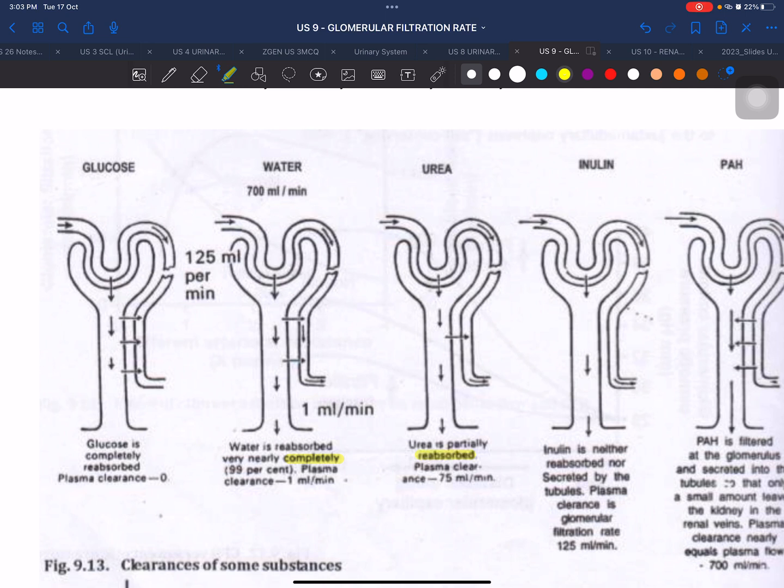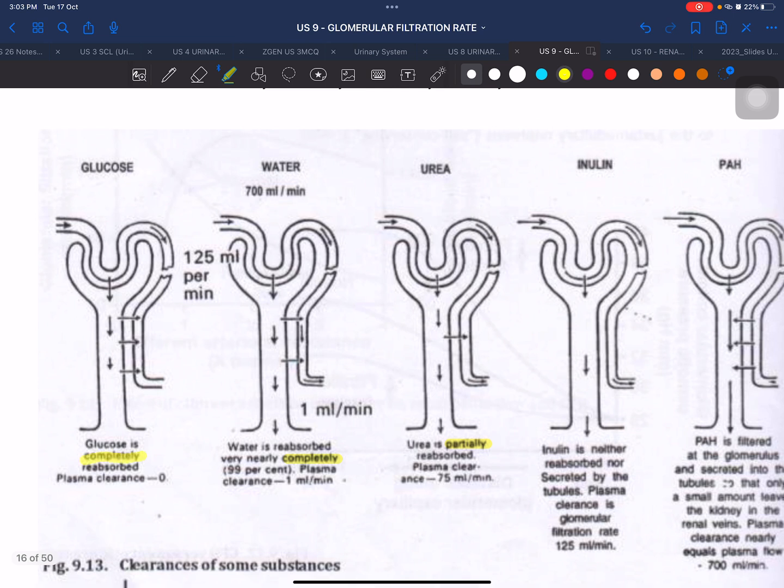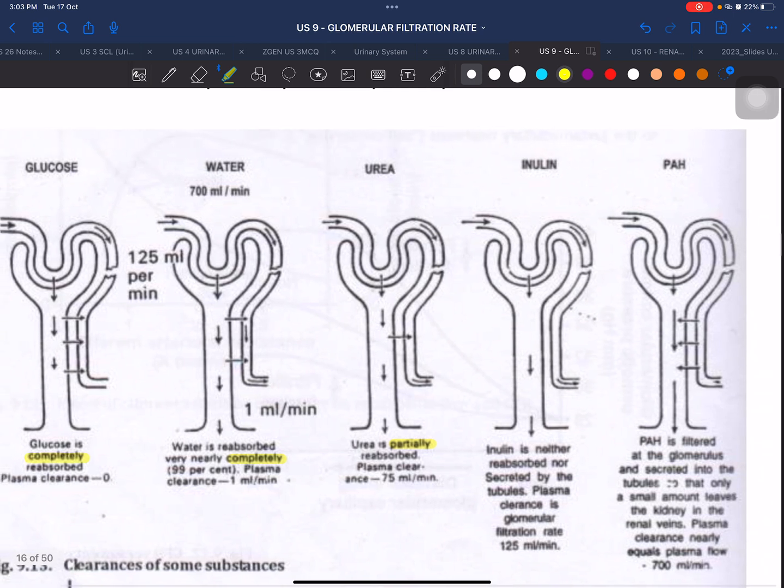Okay, inulin. Inulin, which we used just now to measure GFR, is filtered, but there is no arrow for reabsorption. So if you look at the position of the arrows, inulin is neither reabsorbed nor secreted. There's no movement of reabsorption or secretion.